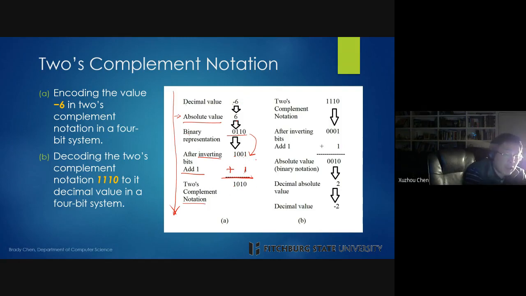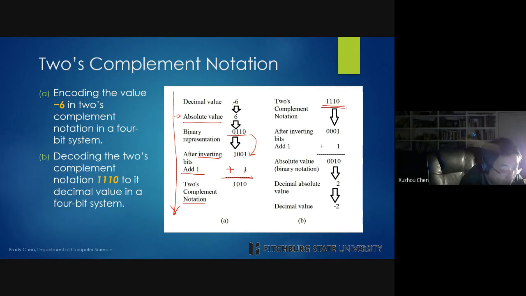Now assume that the computer system uses 2's complement with 4 bits. This is how we convert a decimal number, the numeric system we're using, into the computer's actual binary system, the two's complement notation, which is stored in the computer system. It's always stored as the two's complement.